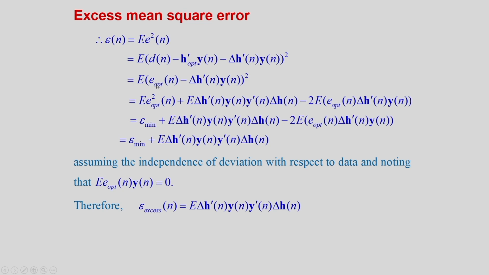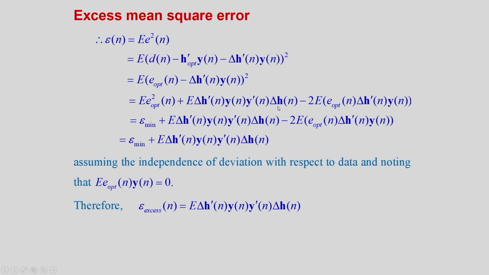We denote it by E opt n, therefore, the mean square error will be E of E opt n minus delta H transpose n into Yn, whole square, and this we can write as E of e opt square n, that is the Wiener mean square error epsilon min, plus E of the square of this quantity, delta H transpose n into Yn into Yn transpose into delta Hn, because these are matrices.